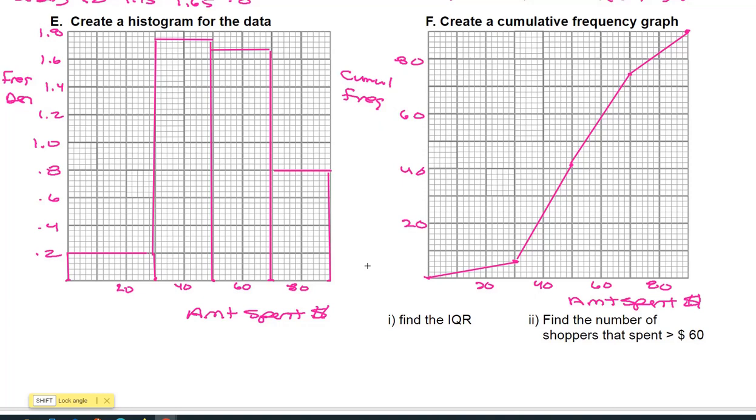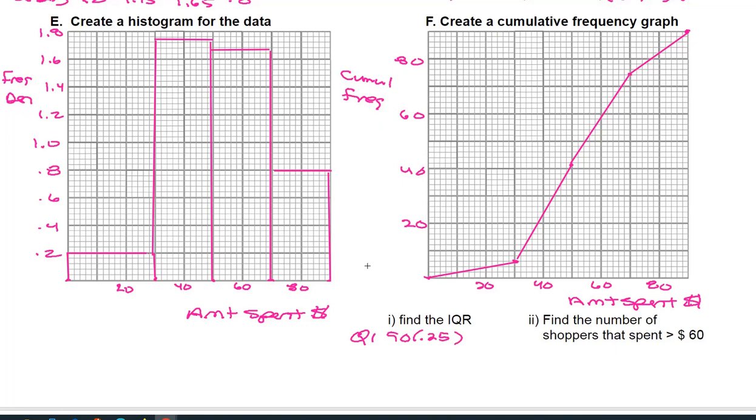So now they want the IQR, and again, there's no way for us to see the actual data, so we're going to find the quartiles by multiplying, and we're not going to add 1 to it. So the total pieces of data is 90, so Q1 is going to be 90 times 0.25, that's the first quartile.